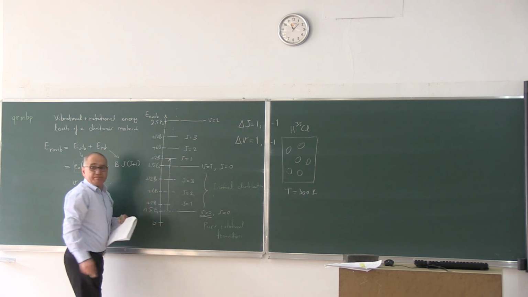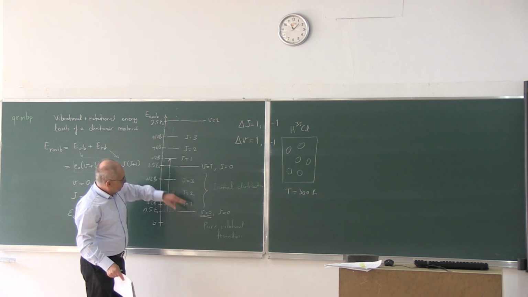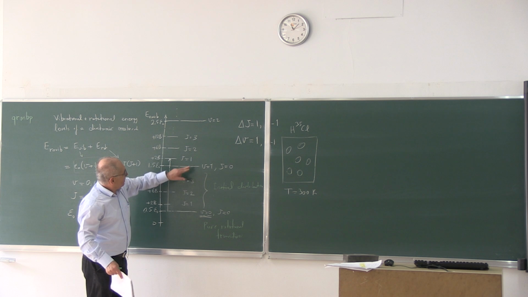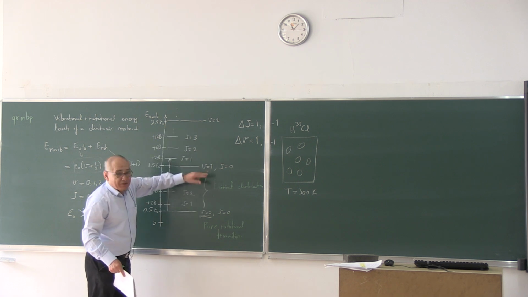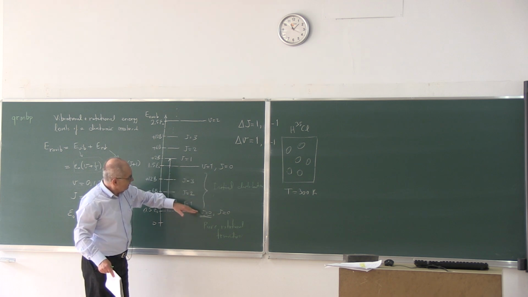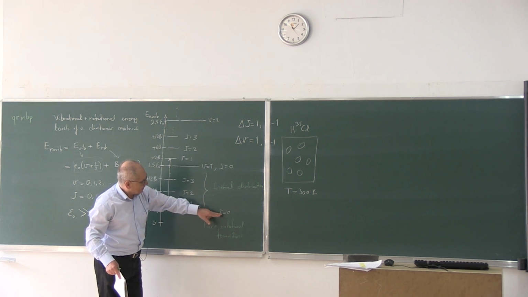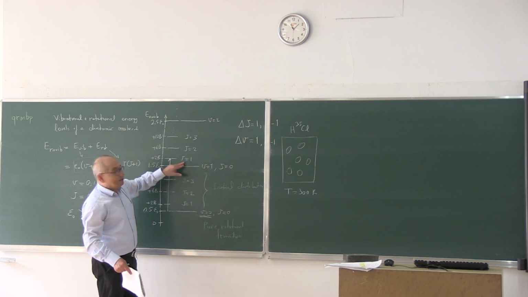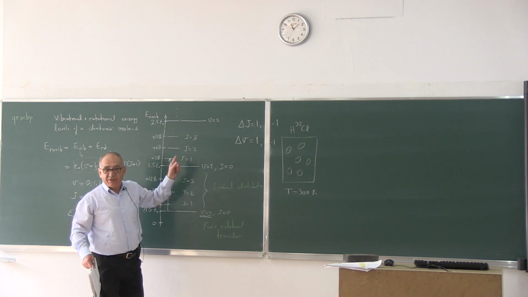However, is this transition allowed? It is allowed because both conditions are satisfied. Of course, for all of these levels, delta V is satisfied. But we have to make sure that the delta J rule is also satisfied. Initial J is 0, final J is 1, delta J is +1. Therefore, is this transition allowed?